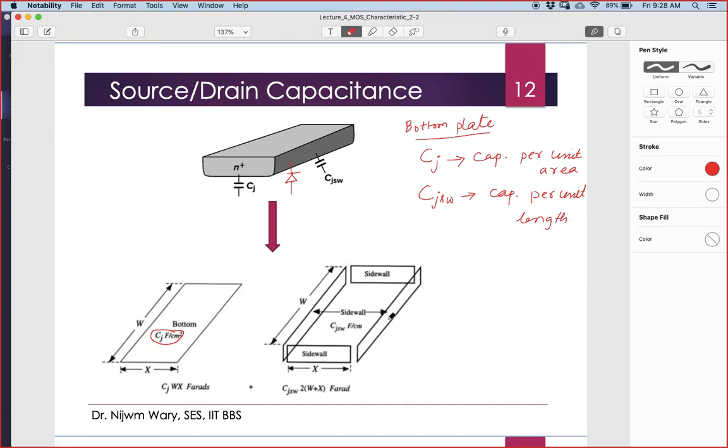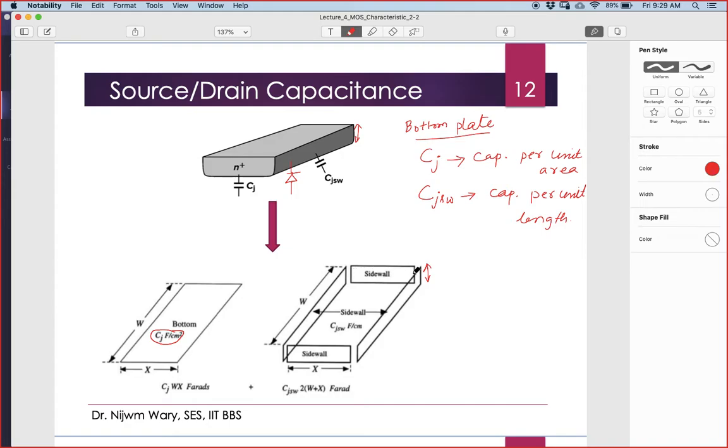This is because the height of the diffusion is almost fixed for a particular process, and the capacitance will depend only on the perimeter. Based on the W that I choose, the perimeter will be changing.